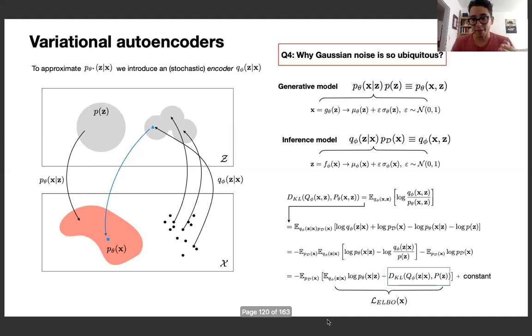The second term, we can understand as a regularization, which tries to put together the posterior distribution with the prior distribution. Just as a remark, if we were to neglect this term completely, we would basically be back to the standard autoencoder framework.